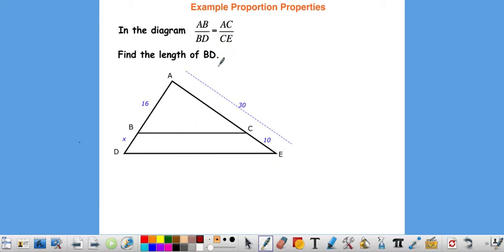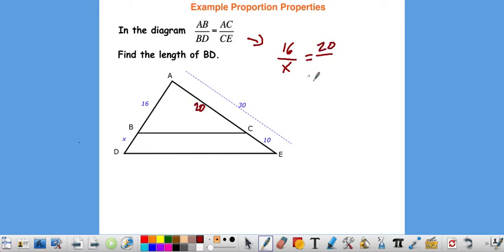And we're asked to find the length of BD. Well, what I recommend doing is just substituting in values where we can. So AB over BD becomes 16 over X is equal to AC. We don't really know what that is by looking at it, but you take a second look. This whole length is 10, or excuse me, this whole length is 30, this chunk is 10, so AC would have to be 20.